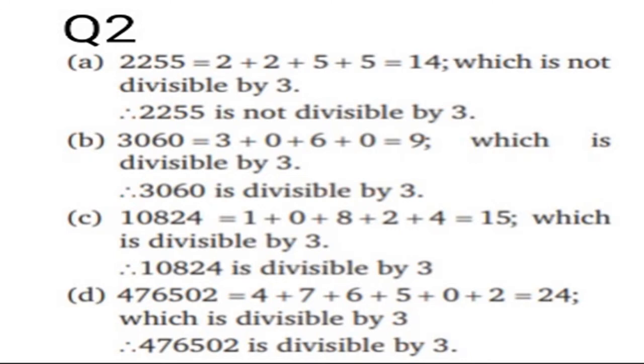So the answer is 14. So 14 is not divisible by 3, therefore 2255 is not divisible by 3. Now B part 3060. So firstly we add the digits, so our answer is 9. So 9 is divisible by 3, therefore 3060 is divisible by 3. Similarly we will do C and D parts.